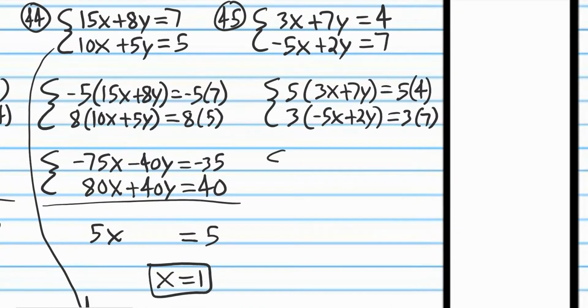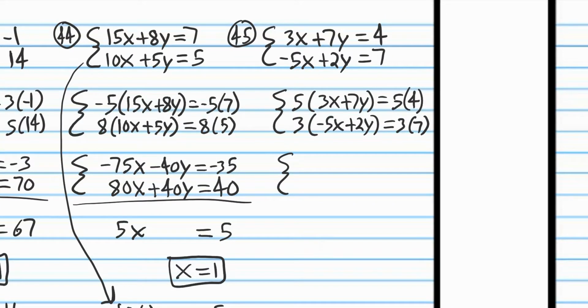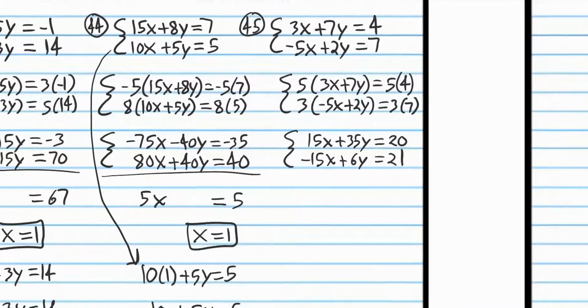And then use the distributive property. I don't know if I mentioned, but this bracket just means that the two equations are together. Probably should have mentioned that at the beginning of the class, but oh well.